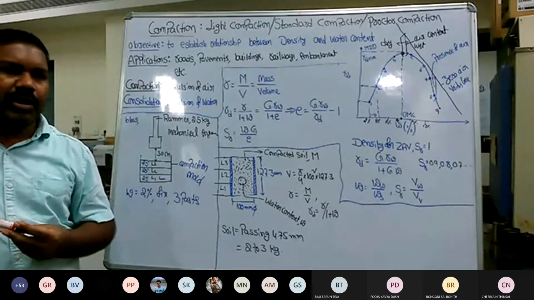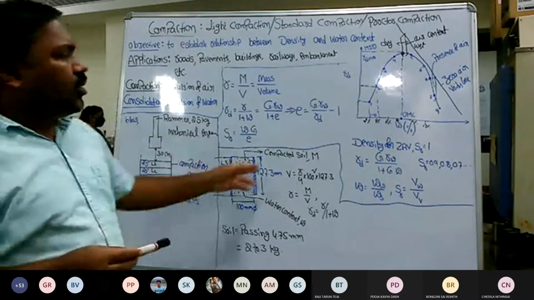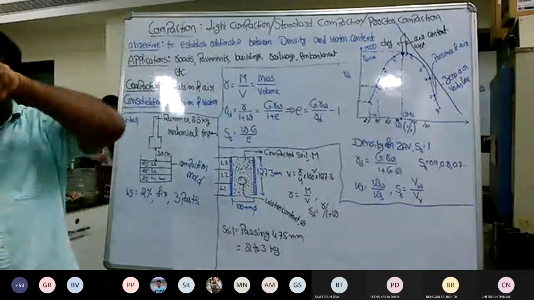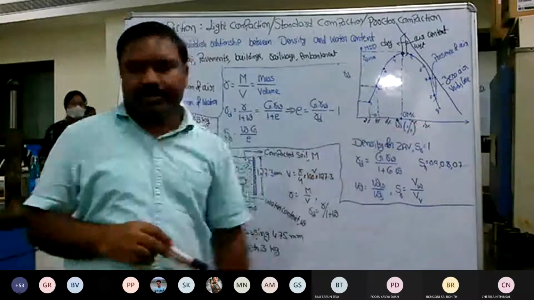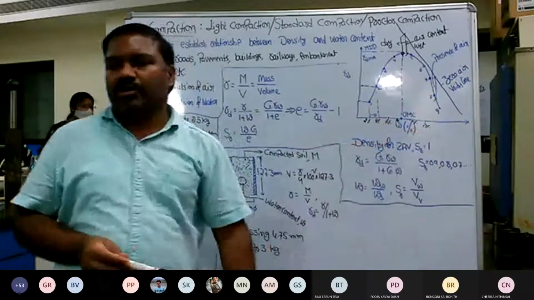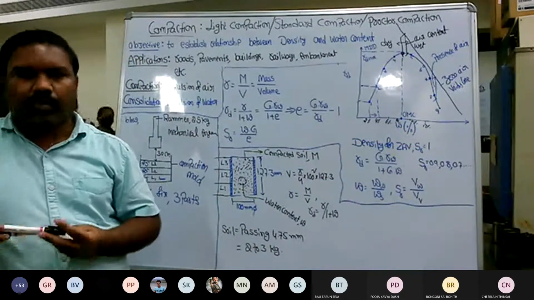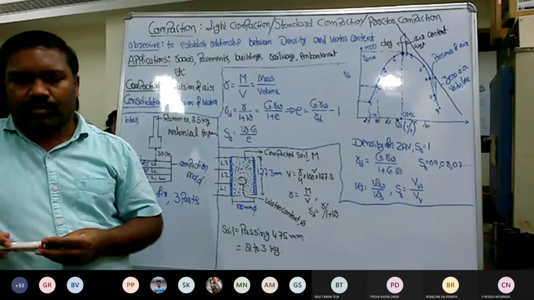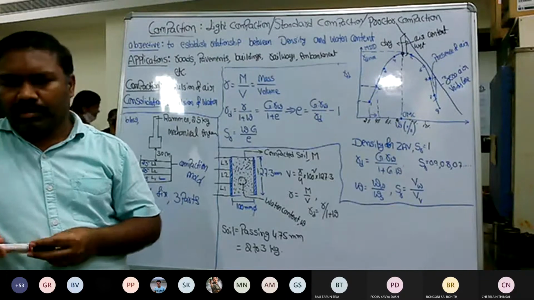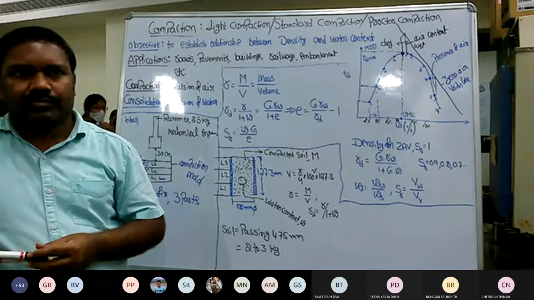So this is a simple but little laborious test, because you need to repeat the compaction for so many points, or for so many moisture contents. So 2, 4, 6, 8, 10, 12, and so on. Any questions, please?